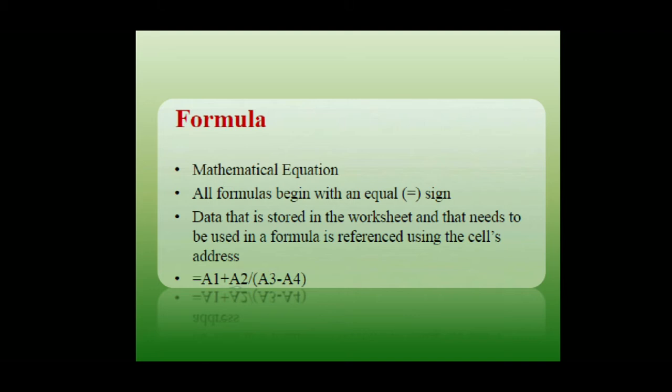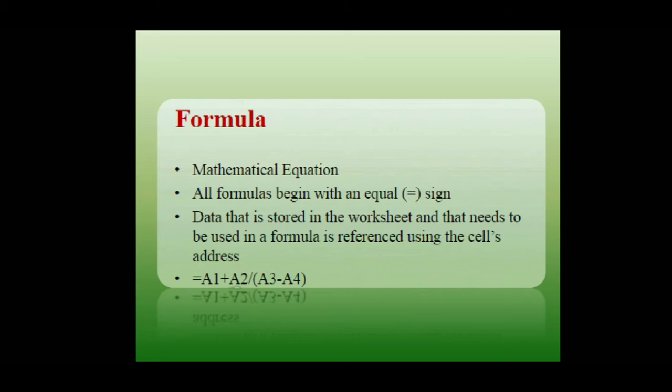Then come the functions. What function do you want to apply? Whether you want to calculate the sum, the average, or the product, and so on. And operators are the mathematical symbols you want to use in the formulas. All formulas begin with an equal to sign.